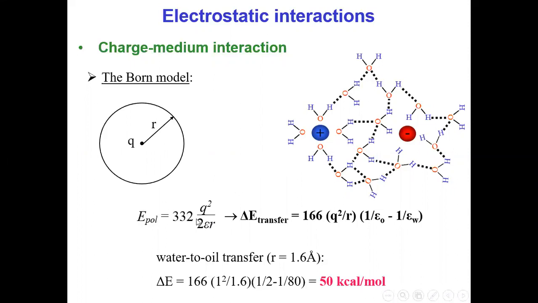So we can calculate the polarization energy using the equation, but one of the important implications of it is that it allows us to calculate also the transfer energy of the full charge from one medium to another. And to do that, we rearrange the equation so it takes into account the dielectric constants of the two media. And this is the final equation.